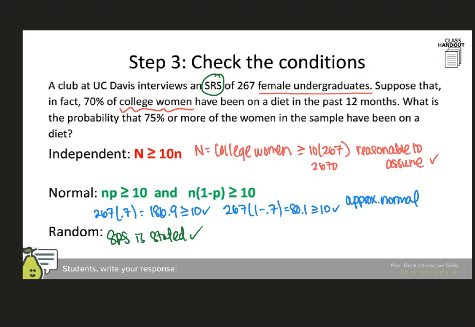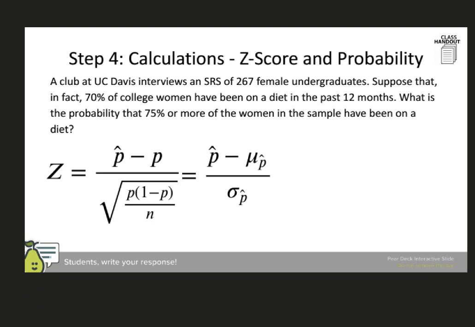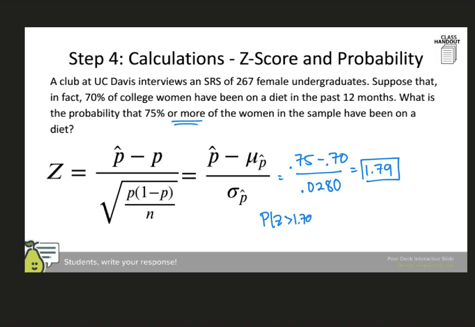All right, now for our calculations, we need the z-score and the probability. Remember, we're going to use what we found in step 2. So p hat is going to be 0.75. The mean of our sampling distribution is 0.70, divided by our standard deviation, which was 0.0280. So when we put this in our calculator, we get 1.79. So there's z. And then we're trying to find the probability that z is greater than 1.79, meaning when we look at our table, we know we're going to subtract from 1.